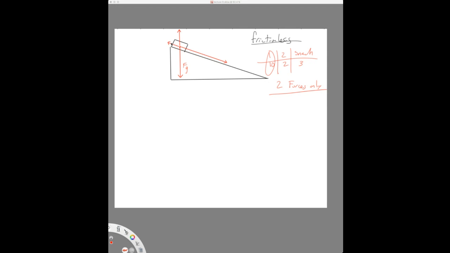So let's label them 1, 2, and 3. Now, force number 1. I'm going to try to read your mind: if you wrote down force number 1, you're thinking that's friction, okay?